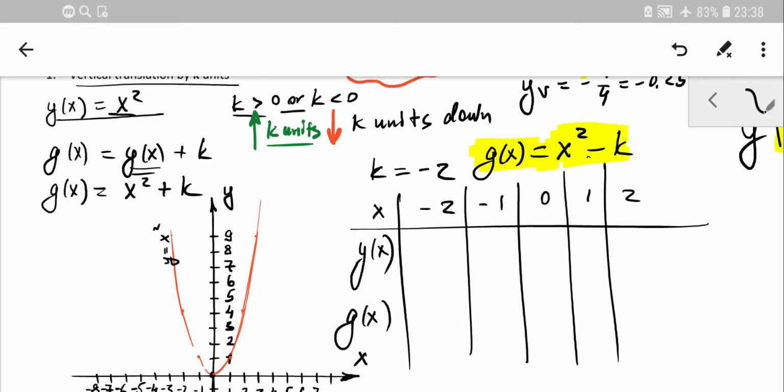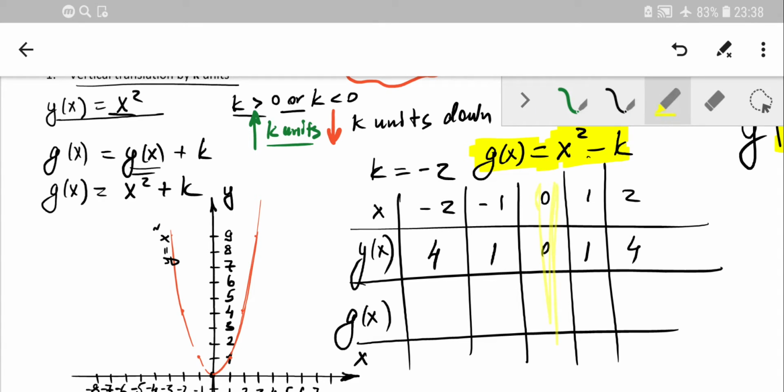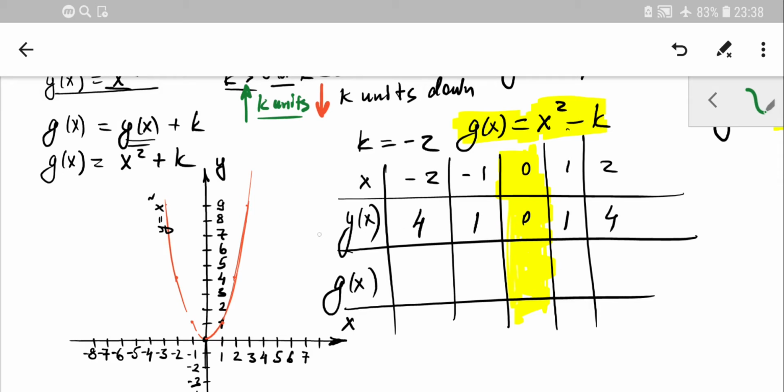So that's your g, but first we need to find the y values for your basic parabola. So for -2, as you remember, you just square it. It's 4, 1, 0, 1, 4. That's symmetrical, and I simply highlight the median. Okay, it's here. So next, for the g function, I put the green color, and for g we simply need to subtract 2.